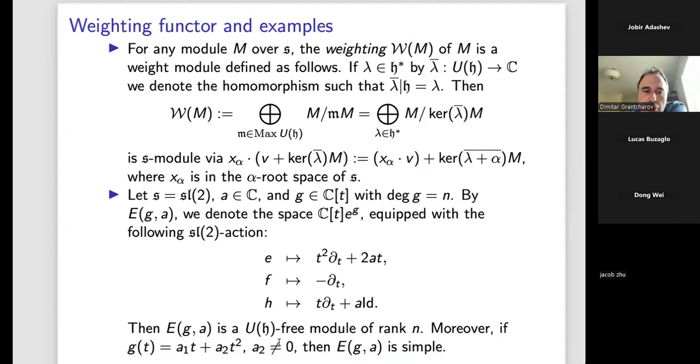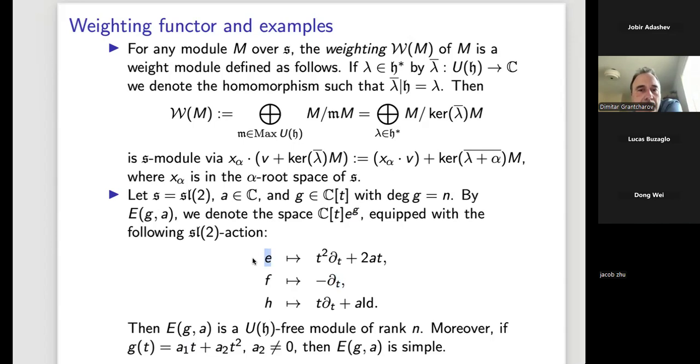And also, I want to mention that there are more presentations of SL2 in terms of differential operators, essentially different, right? Here, E and F are kind of operators of, say, degree 0 in T, degree 1 in D, and so on. But we have a presentation where E is like degree 1 in T, degree 0 in D, and so on.